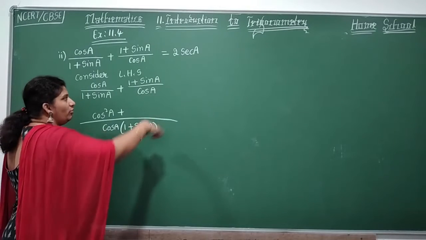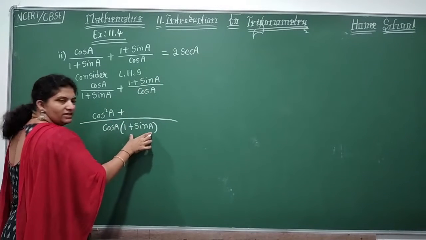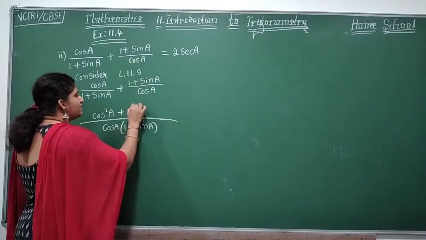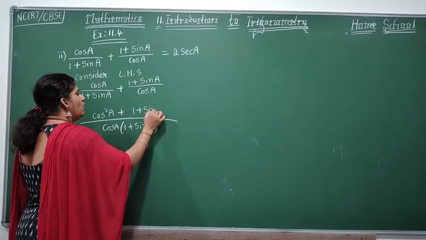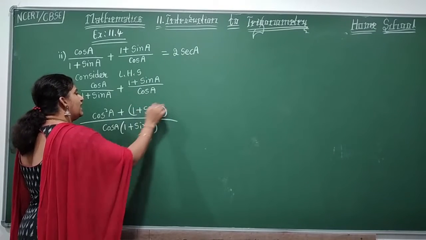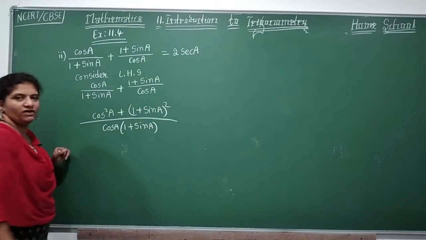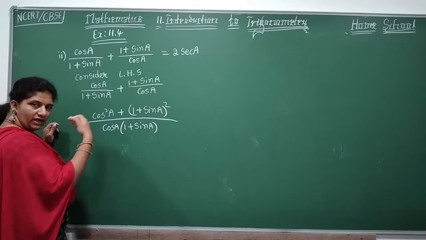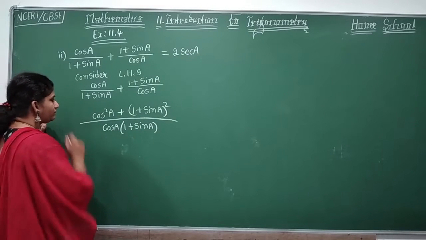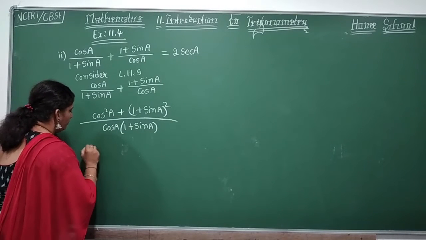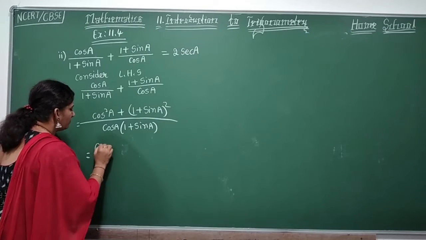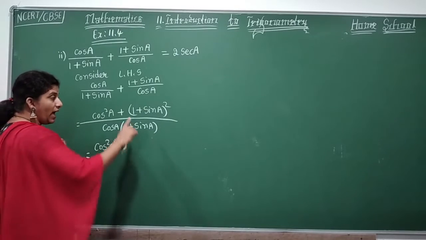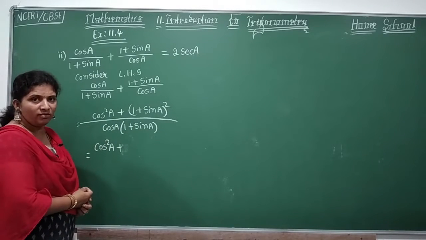So what do I need to multiply for the numerator? This set. Okay, you know LCM now properly? So now 1 plus sin A if you multiply, what happens here? 1 plus sin A into 1 plus sin A will be 1 plus sin A whole square. If you want, you can write that step also in the middle. Now, is equal to cos square A plus. Now apply the formula. Which formula children?